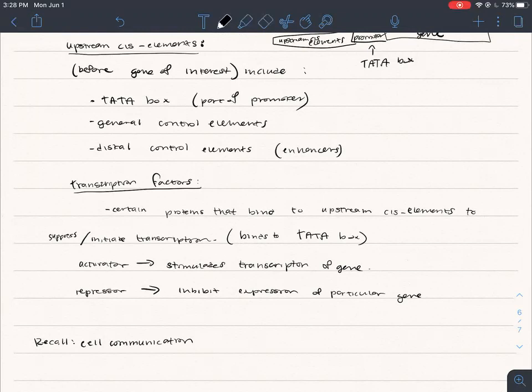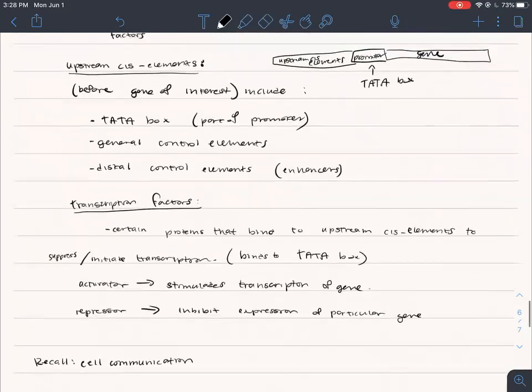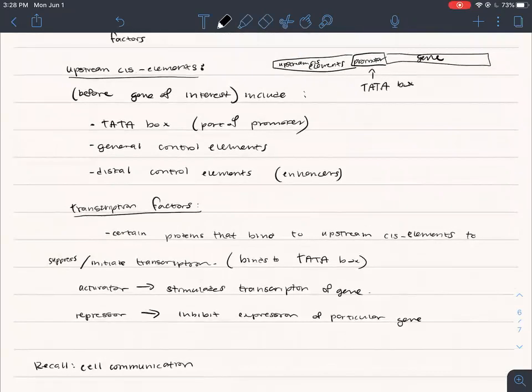So our signal to activate gene expression in order to get a certain protein depending on what's happening in our situation, we use transcription factors to help signal RNA polymerase that, hey, you need to activate this gene and we need to start transcribing it and translating it. So yeah, that's a tie-in to what we've learned before.